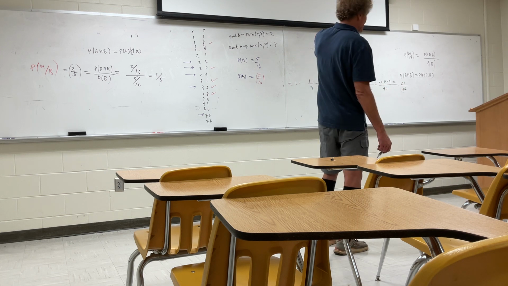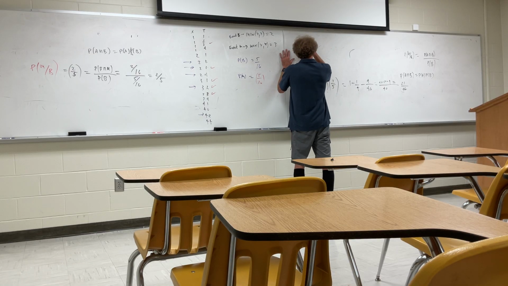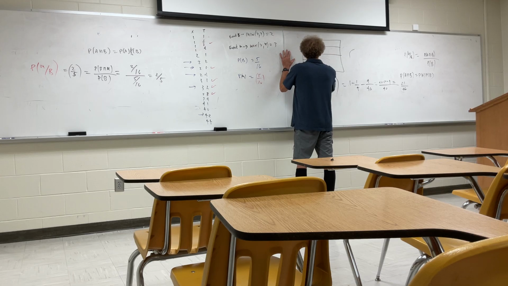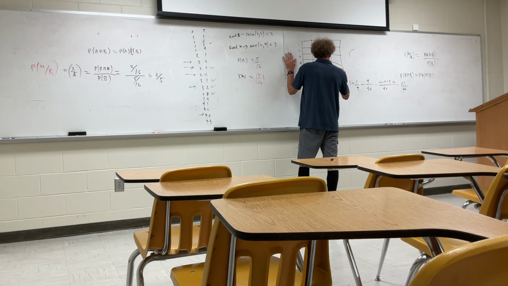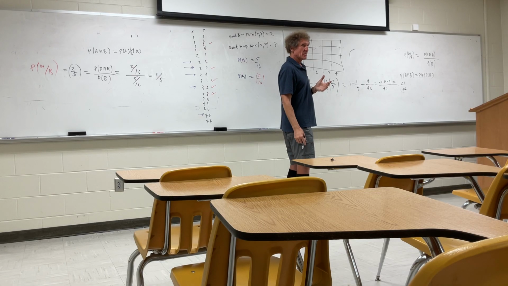He does it where he has, I did it that way for a reason, because I think it was a little more obvious to me. What he did was this. He has 1, 2, 3, 4, and then he has 1, 2, 3, 4. So he talks about the first event.